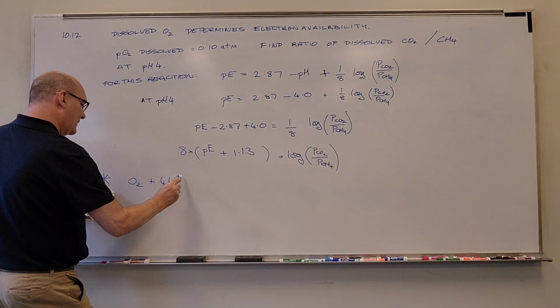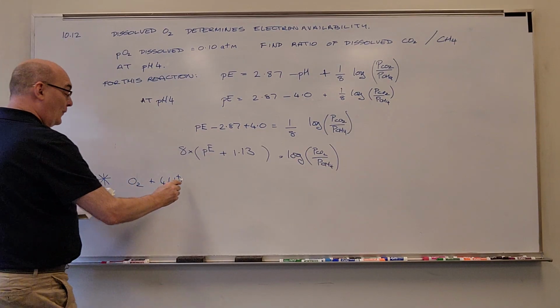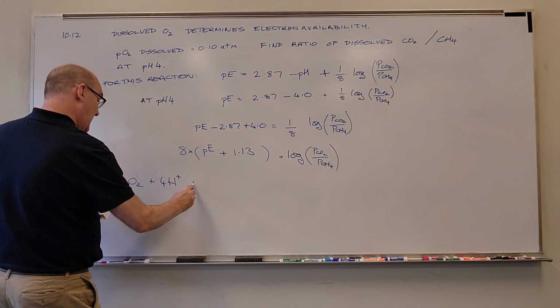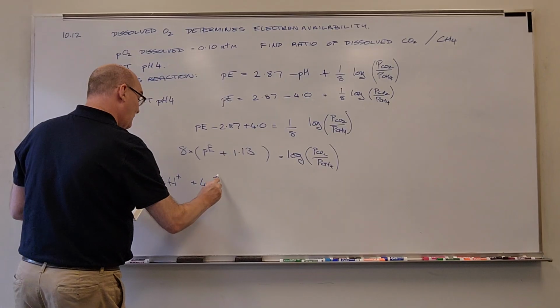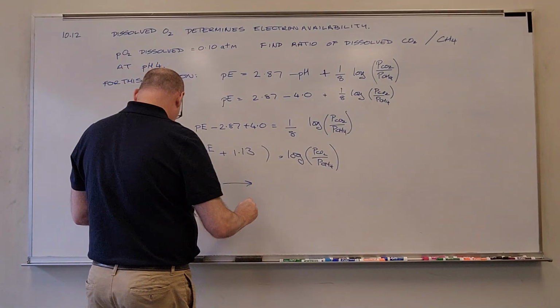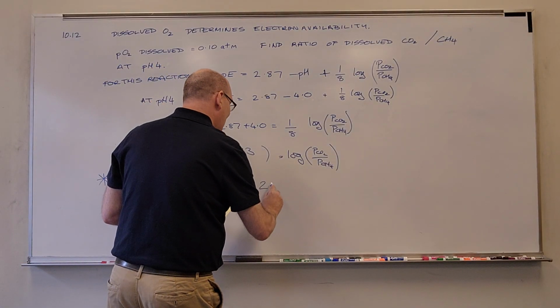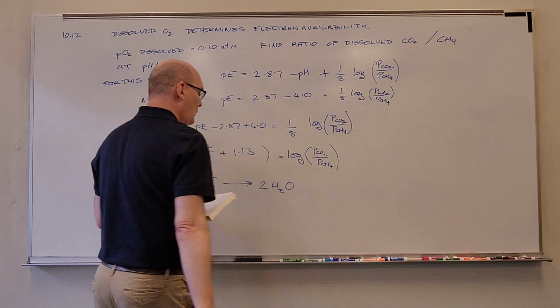It's not written in the book. 1 oxygen, 4 protons, and 4 electrons go ahead and make 2 waters.